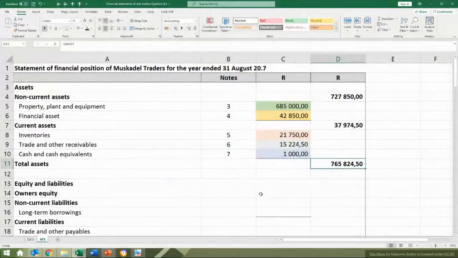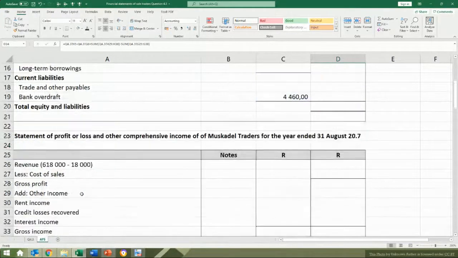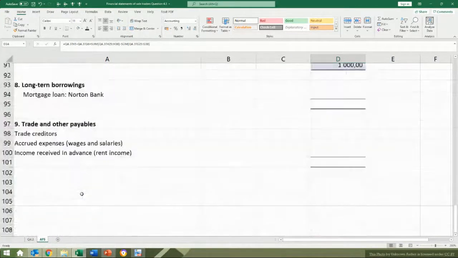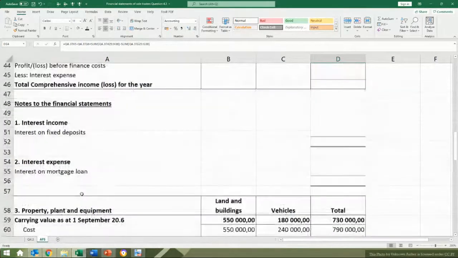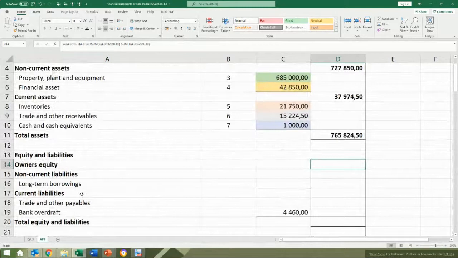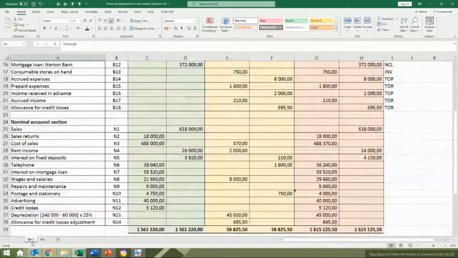So how you would calculate this, let's see if I've done, okay, I didn't show the calculation. You would also do the calculation for this by using this statement of owner's equity. Oh, I didn't do that account. Okay, so let's quickly do owner's equity. How did I work it out?